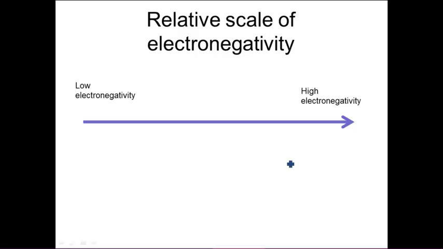Remember, low electronegativity means a weaker attraction for electrons, whereas a high electronegativity means a stronger attraction to electrons. Down here at the low end, we have both hydrogen and carbon. Although their values are not exactly equal, for our purposes in biology they are more or less the same, so we count them as having equally low electronegativity.